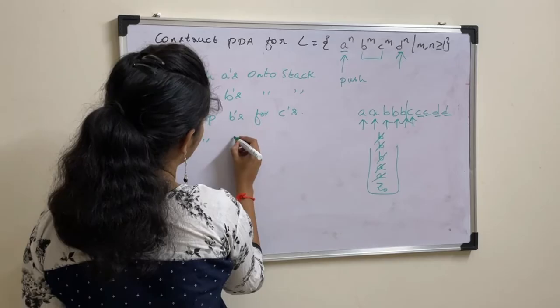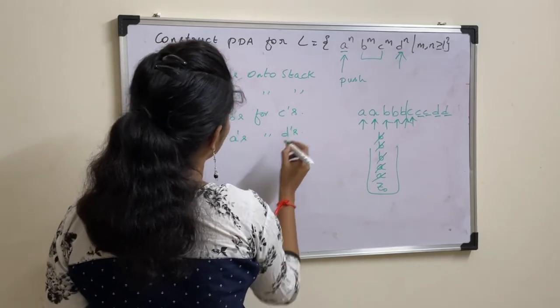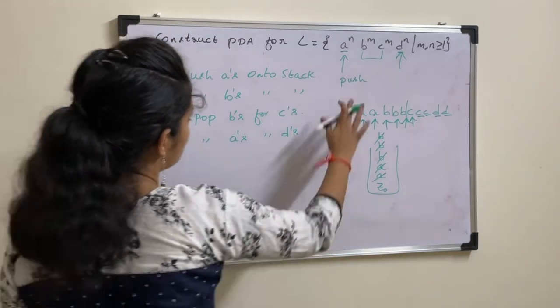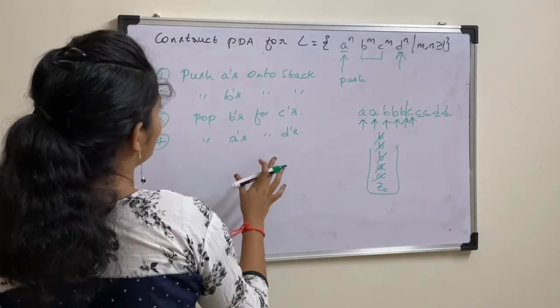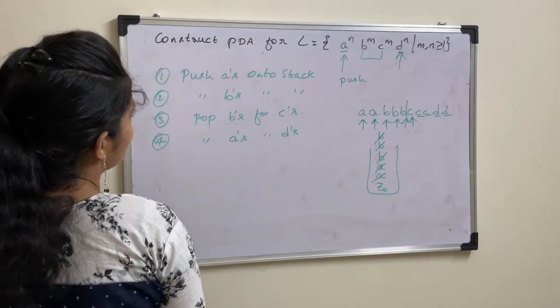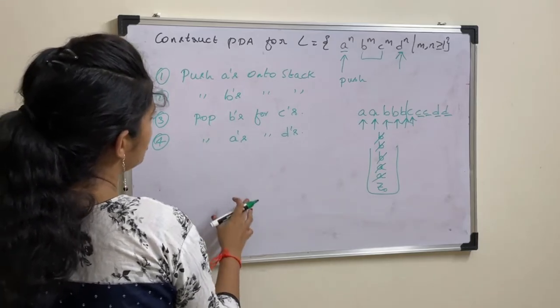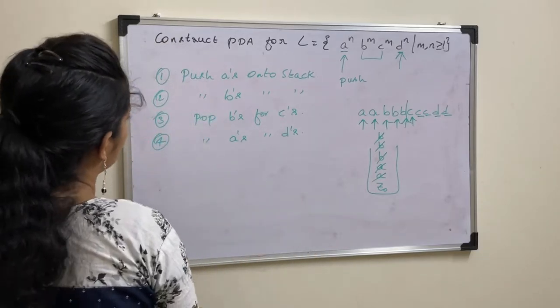Similarly, pop A's for the corresponding D's. This is quite simple, right? So based on the given question, you need to identify similar sets of symbols, and then one set should be used for push and the corresponding set should be used for the pop operation.